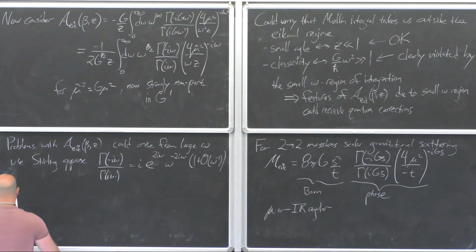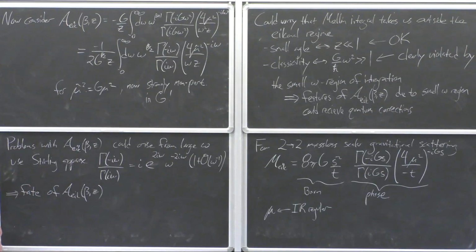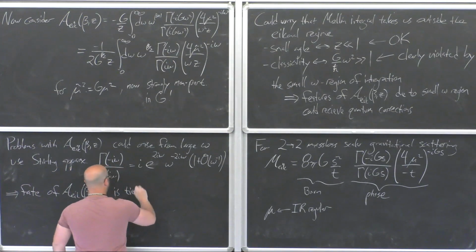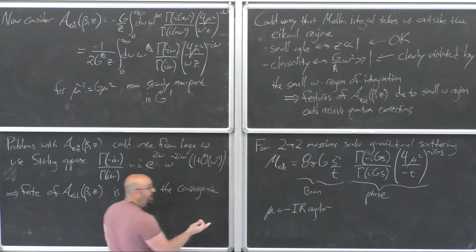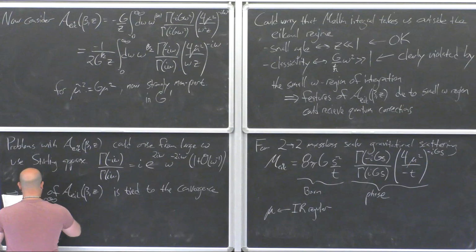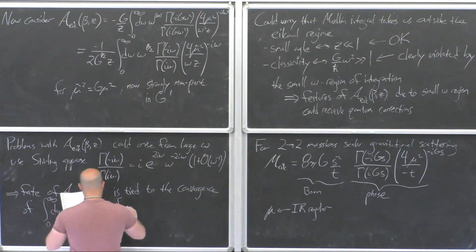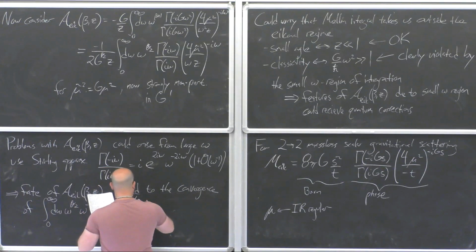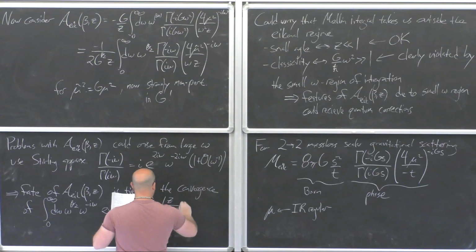So that means that the fate of this eikonal celestial amplitude is tied to the convergence or not of the integral from 0 to infinity d omega, omega to the beta over 2, omega to the minus i omega times e to the i omega, 2 plus log z over 4 mu squared.